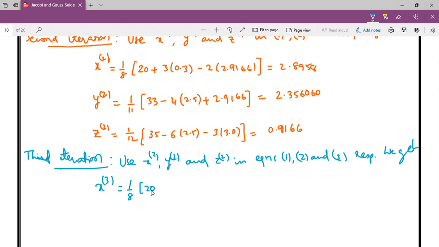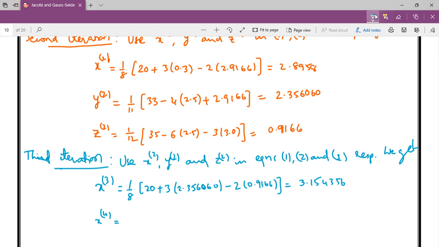From the next iteration onwards, I will just write the numbers. So 3 into y2, 2.356060, minus 2 into z, 0.9166. So this gives 3.154356.